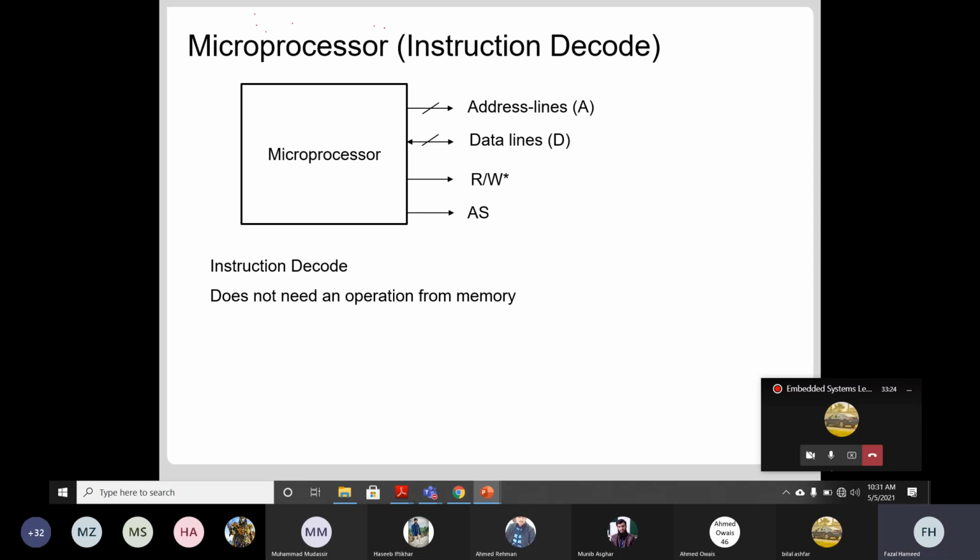So what should be the value of AS, address strobe? Sir, 0. Address strobe will be 0 because the microprocessor does not need access to memory, and all the other values, whether read write bar, will be ignored. Do you understand?